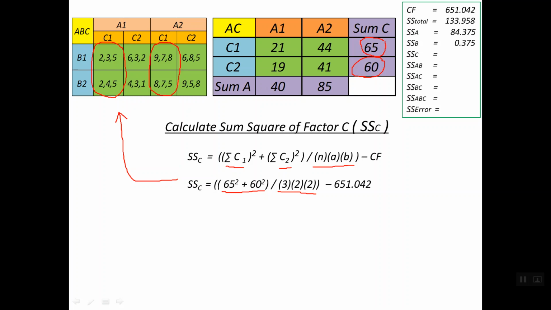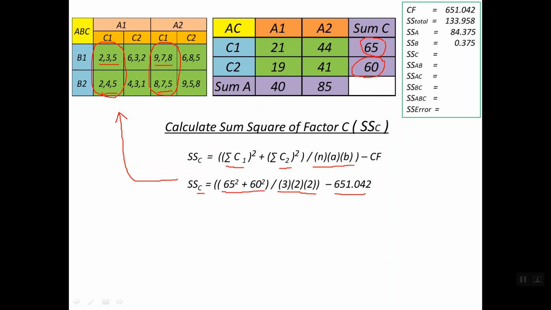So for the number of observations, here we have 3, and here 3, and here 3, and here 3, so we have 12. You can use the technique. We are calculating for C, so the rest is N times A times B. N is 3, A is equal to 2, and B is equal to 2, so the result is 12.